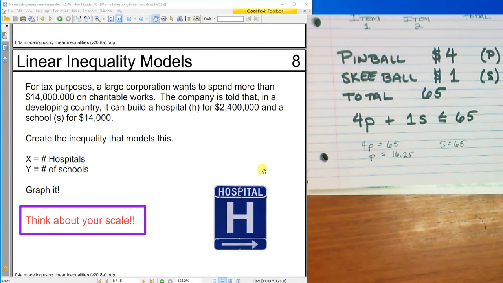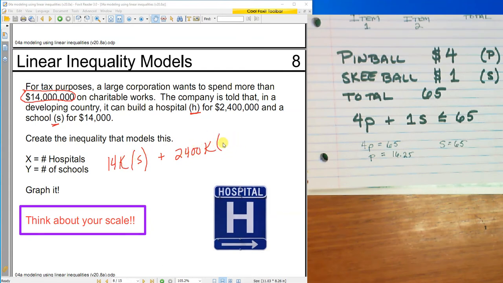So here's another one. I'm going to model it for you. For tax purposes, here's my total right here. And my two things I'm working with are a hospital and schools. So I can go 14,000 for a school plus $2,400,000, those are zeros.